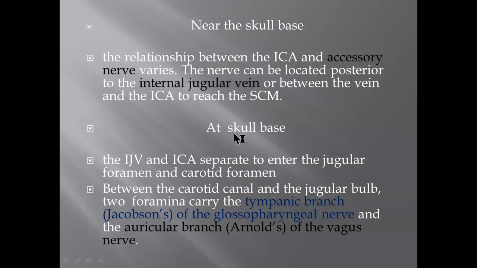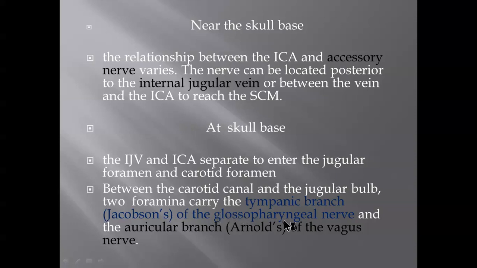And when it reaches the skull base, we must know about two nerves: one is the Jacobson nerve and one is the Arnold nerve. Jacobson nerve is a part of cranial nerve 9, and Arnold nerve is of cranial nerve 10.